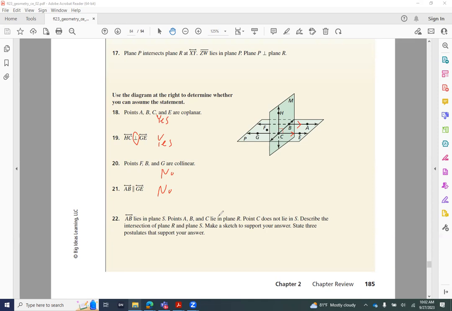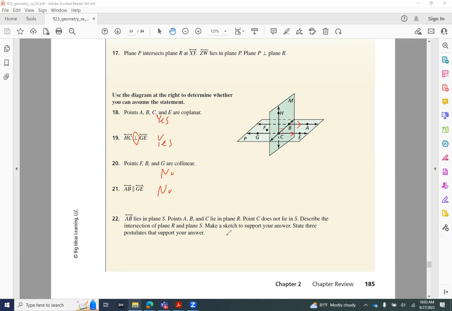Points A, B, and C lie in plane R. Point C does not lie in S. So I would say that so far we know that AB is in both planes. So that has to be on a line where they are intersecting. Point C does not lie in S. Describe the intersection of plane. Yep. So again, A, B are going to be on the line where the planes intersect.